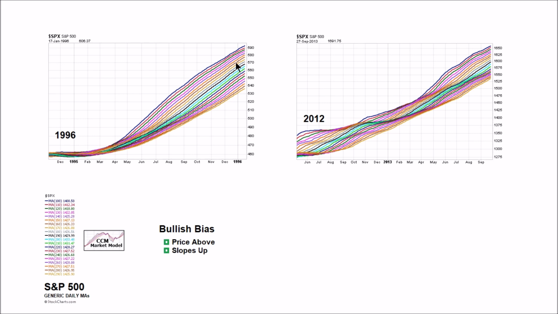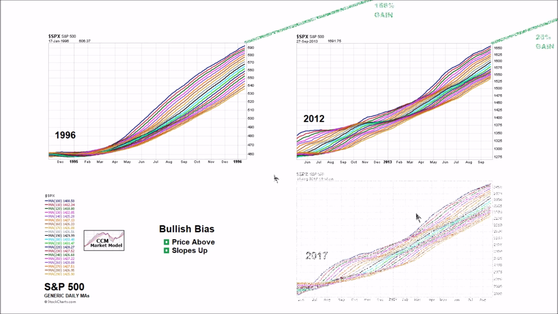What happened next in these cases? Just like the bearish case, we're simply looking at probabilities here. The probability of good things happening long term is higher, quite a bit higher than the probability of bad things happening from a long-term perspective.